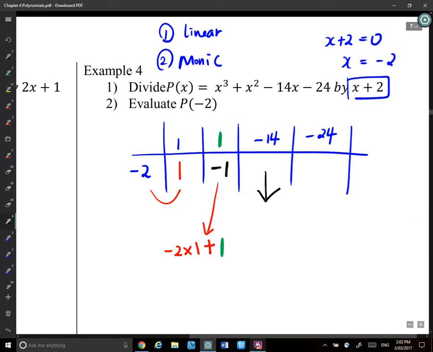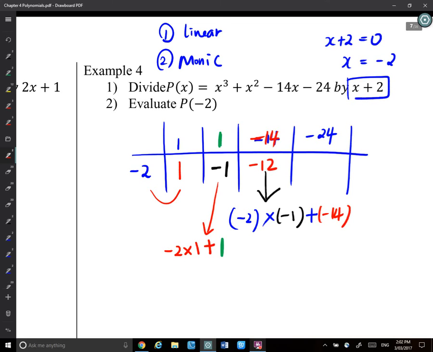For the next box below, I use negative 2 times the negative 1, and plus the negative 14. Whatever is on the top, I add that. 2 plus negative 14 is negative 12.